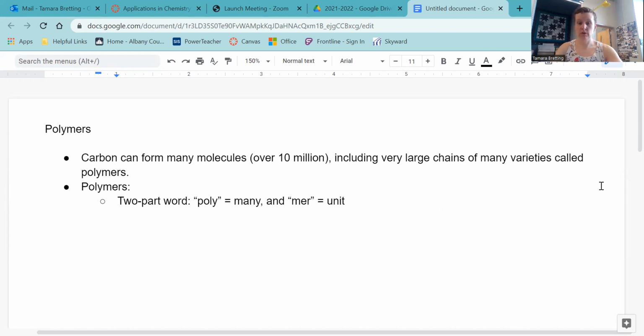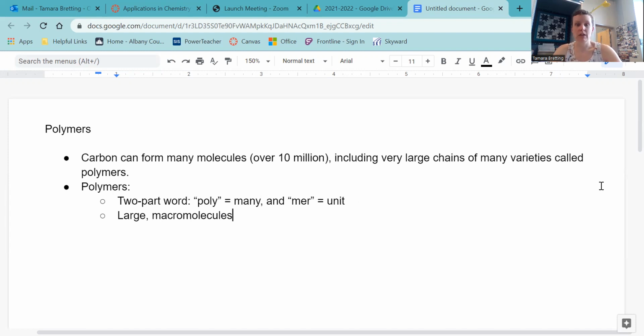So to give you a straightforward definition instead of just breaking the word apart, they are large macromolecules, okay? You have seen micro many times. Microscopic means so small you can't see it; you need a microscope to see it, right?